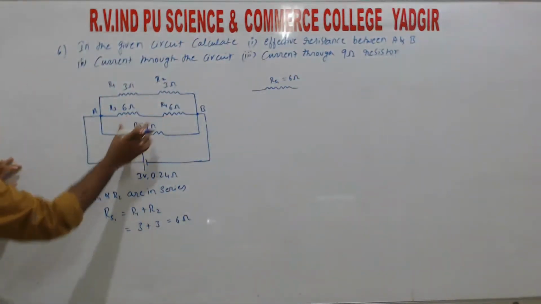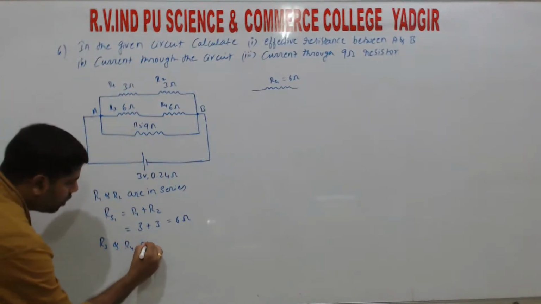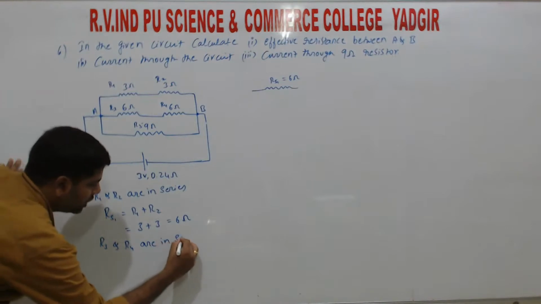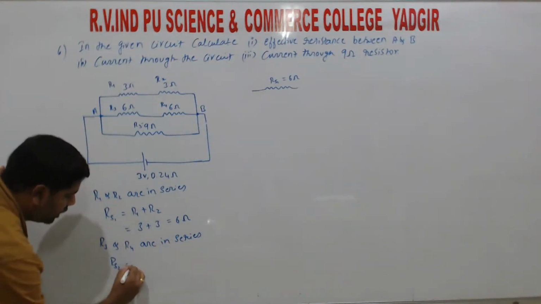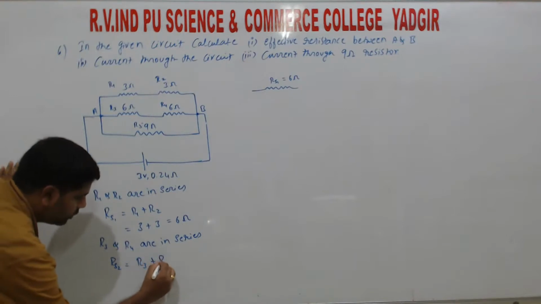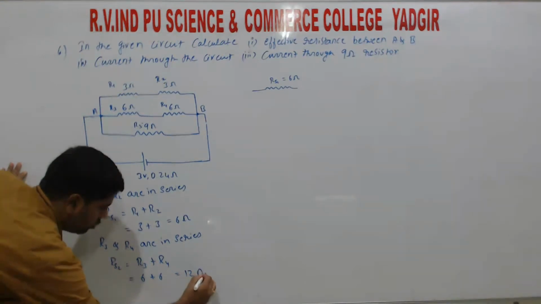In the same way, R3 and R4 are in series. So RS2 is equal to R3 plus R4, that is 6 plus 6, equal to 12 ohms.